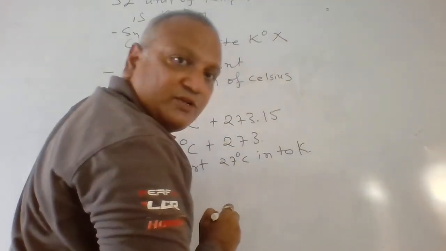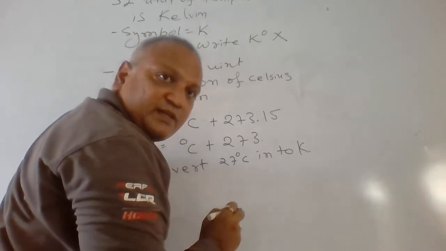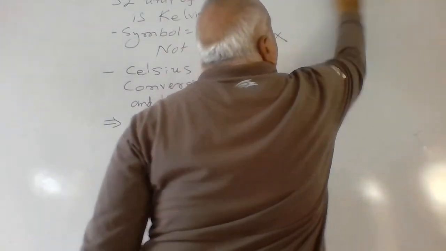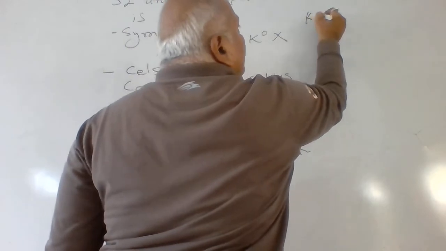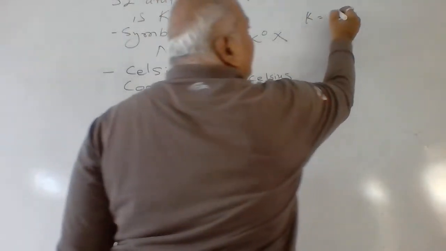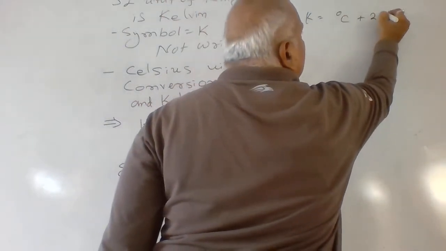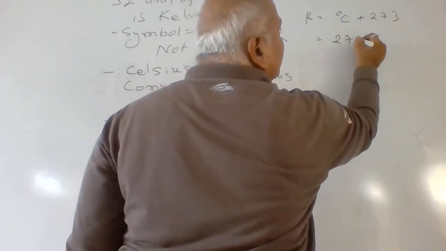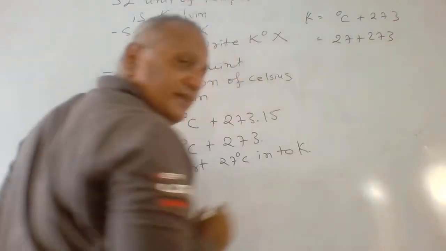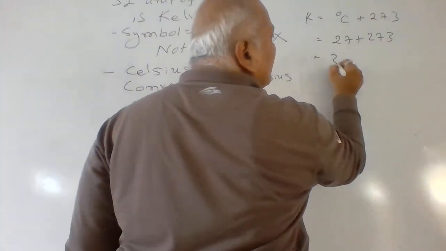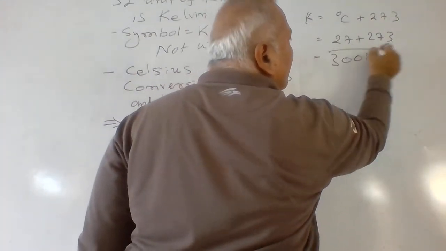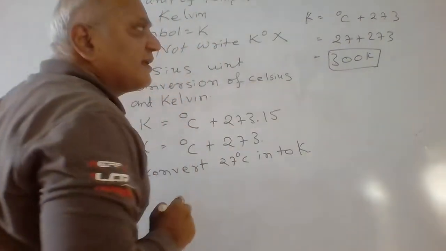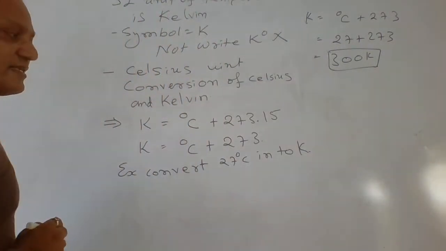It is equal to 27 plus 273, which is equal to 300 Kelvin. So 300 Kelvin is the answer.